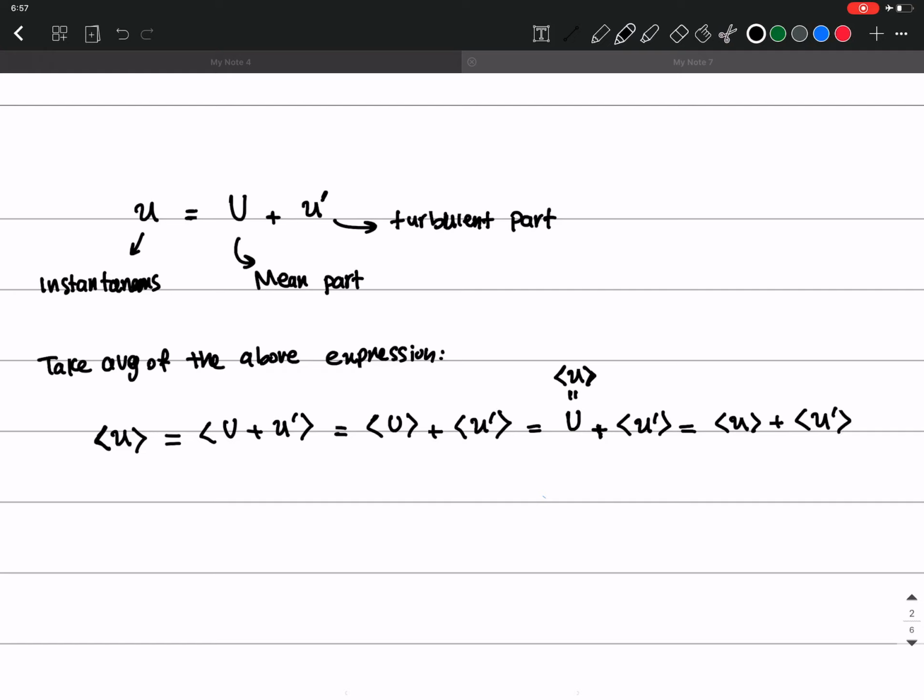Interestingly, these two are going to cancel out from both sides. And what we get is that the average of the fluctuations, or the turbulent part, is always going to be 0 if you have an ensemble average.